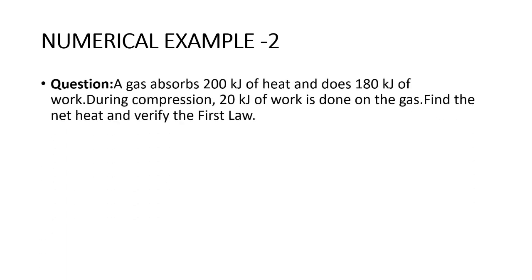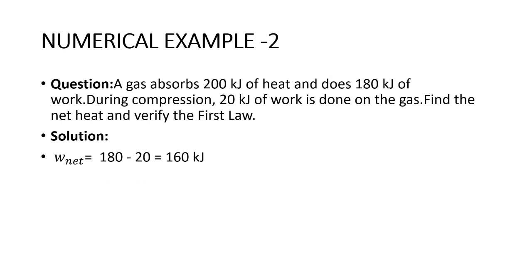Numerical example 2: a gas absorbs 200 kilojoules of heat and does 150 kilojoules of work. During compression, 20 kilojoules of work is done on the gas. Find the net heat and verify the first law. The gas absorbs 200 kilojoules of heat, taken as Q1.